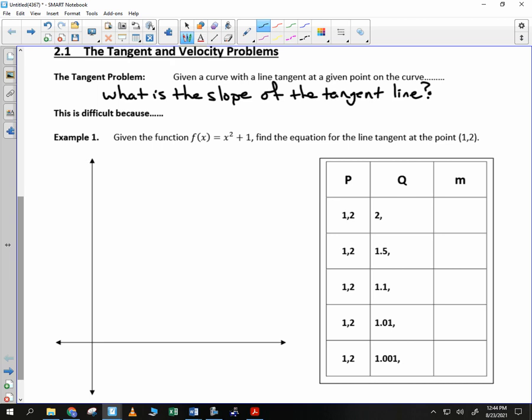It says given the function x squared plus 1, find the equation for the line tangent at 1, 2. So what does that shape look like? Parabola, shifted up 1. Very good. Now, it's saying find the equation for the line tangent at the point 1, 2.